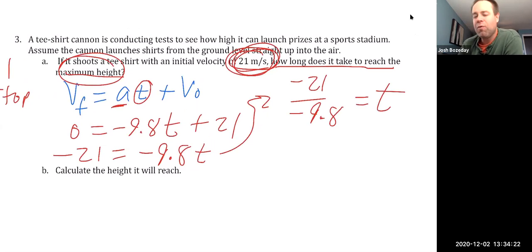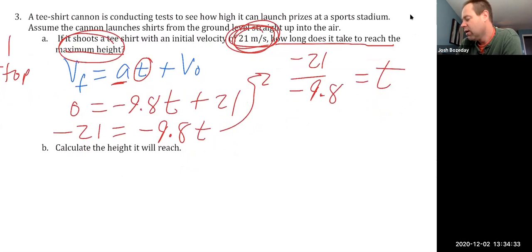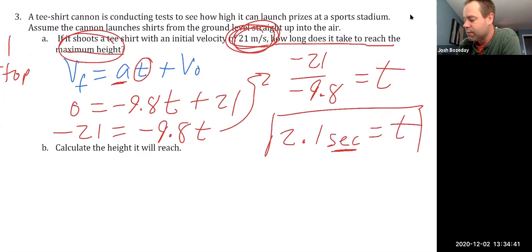And that comes out to be right around 2.1. You know you've done it correctly when you see the negative signs cancel out, because you can't have a negative time. So if you plug it in your calculator, you're going to get around 2.1 seconds for time. Don't forget to put your units in there. All right, any questions on part A?